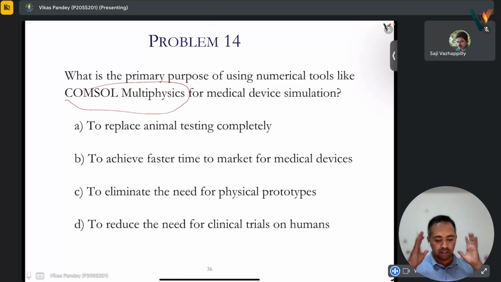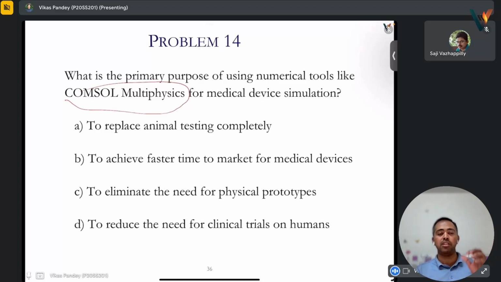Now you are coming to a position that these two types will generally work. So we are reducing the number of physical prototypes, and making prototypes is costlier as well as time taking. So in this process, it reduces the time for these devices to be available in the market.